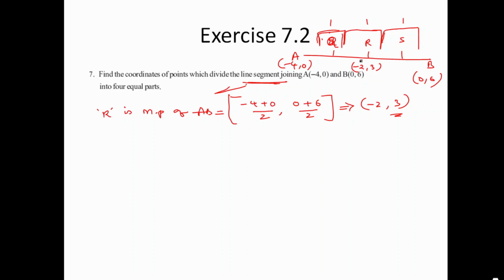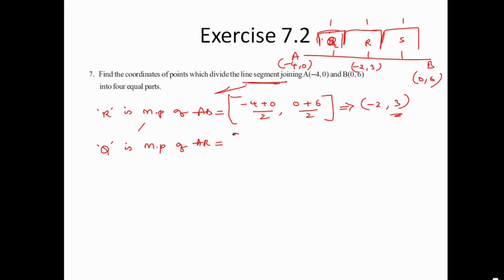Now, you need to find the value of Q as well, isn't it? So, let's find the value of Q. Q is your midpoint of A and R, isn't it?